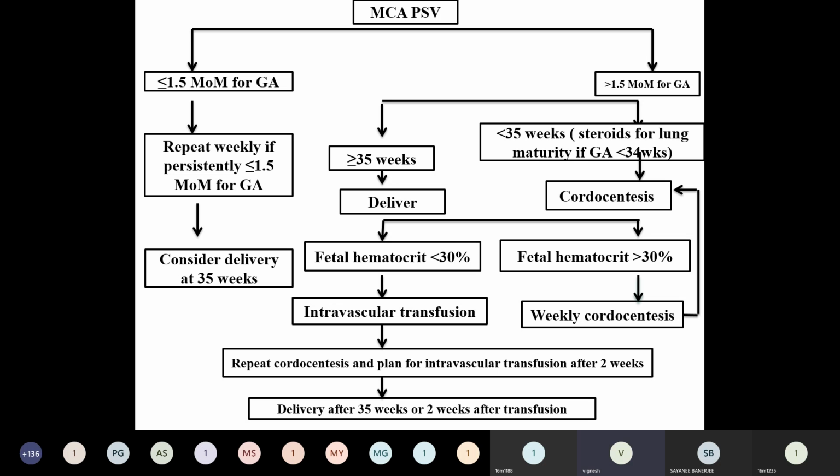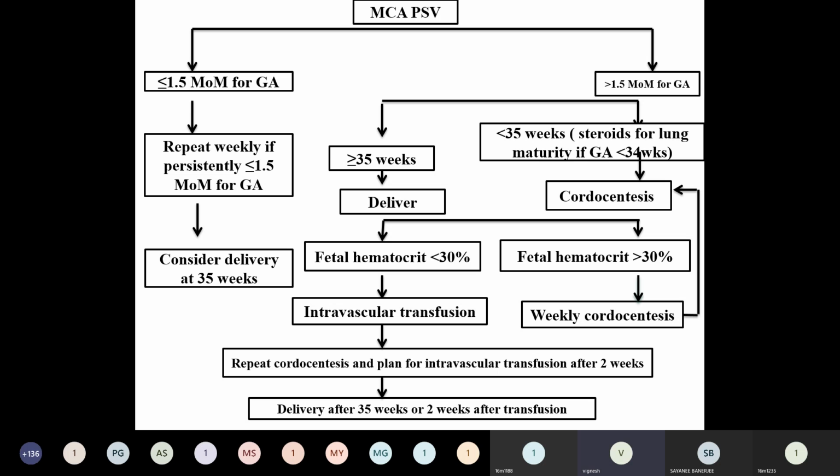If the MCA PSV is more than 1.5 MoM for the gestational age, and the gestation is less than 37 weeks, you have to give steroids for lung maturity. If it is less than 34 weeks, of course, you do a cordocentesis. In the cordocentesis, if the fetal hematocrit is less than 30%, plan for intravascular transfusion.